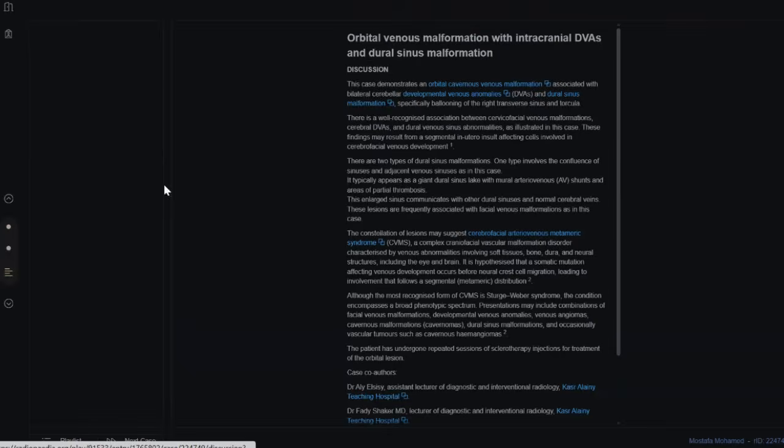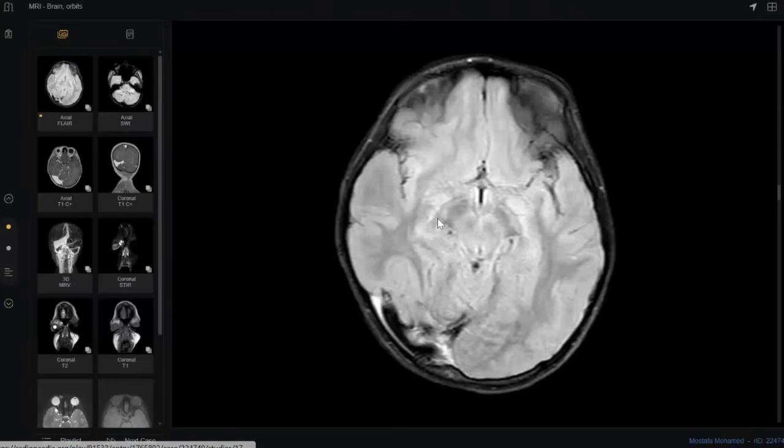So, an orbital venous malformation and DVA, and the dural sinus malformation because the sinus is very dilated. Always don't be satisfied with one finding, search.